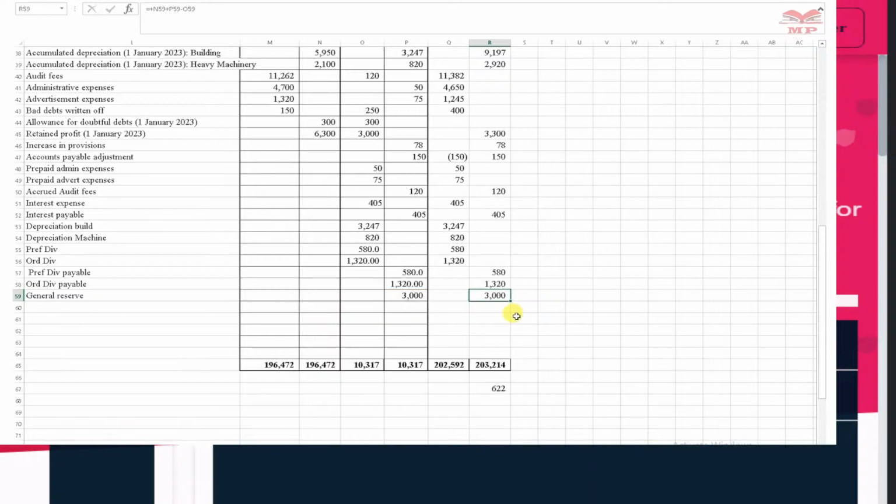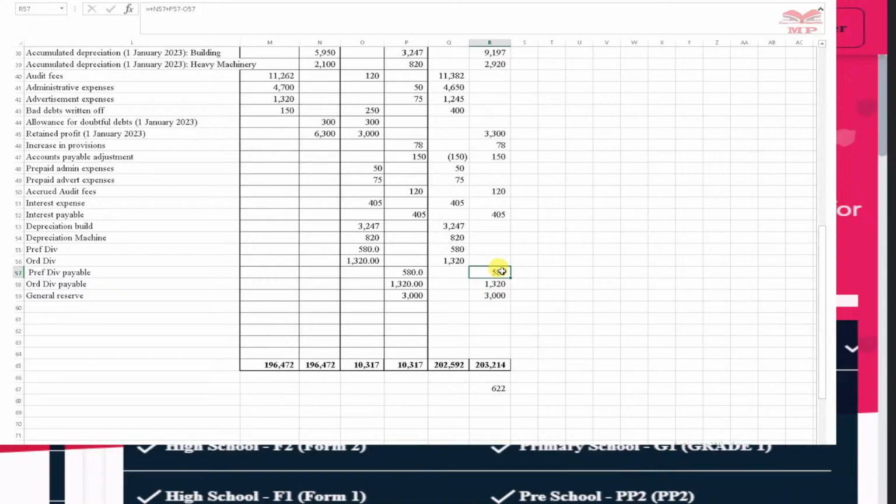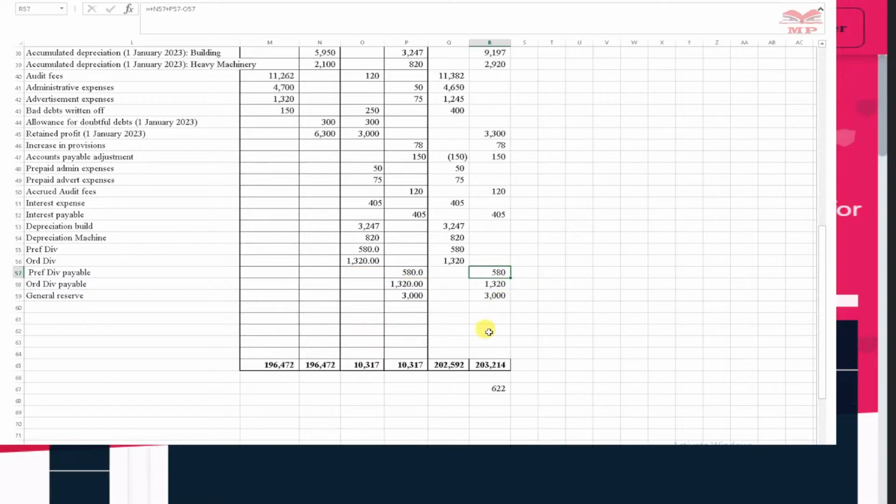So just one final check. This should be 580. Yes, that's okay. 1,323,000. Then we have 1,320. Favorite. So that one goes with that. That's okay.